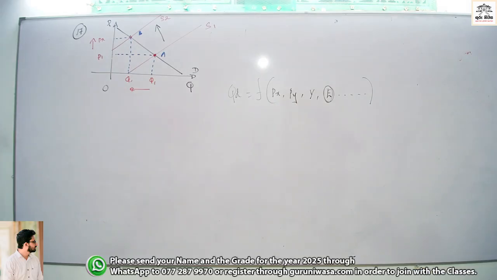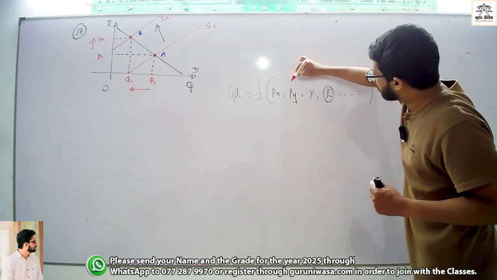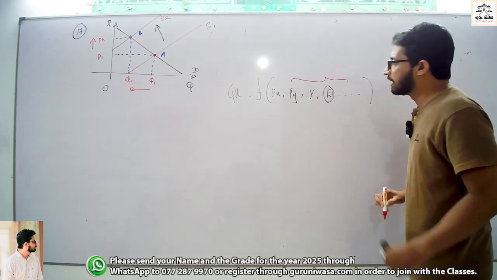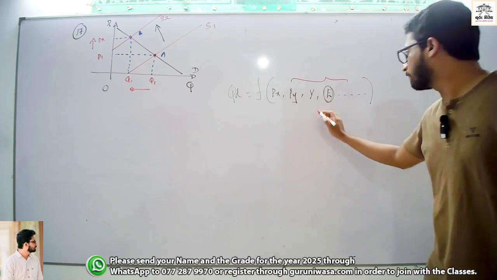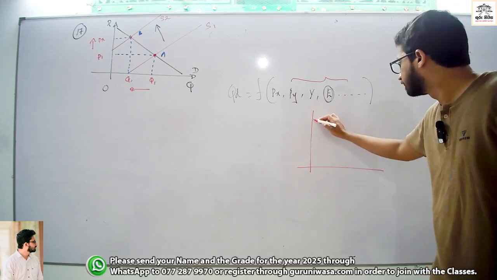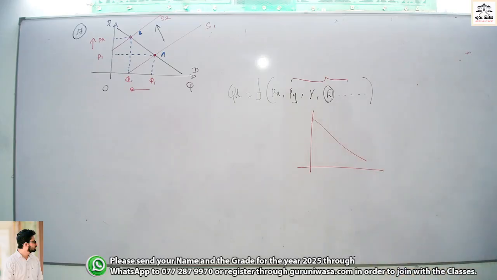Yes, sir. Then if these factors change, what happens to your demand curve? Does it shift or do points move along the demand curve? Point moves along the demand curve.